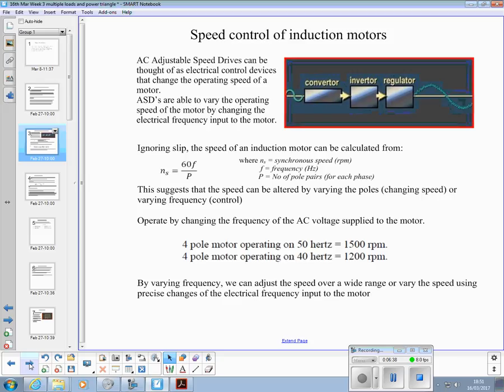So 3 versions of that, and because it's creating that electronically using the microprocessor, it can do all sorts of things with it. Namely, and most importantly, it can change the frequency. Yep. So that's what it is. It takes AC, it turns it into DC, and then it turns it back into a variable frequency AC.